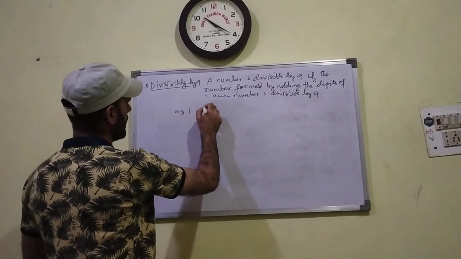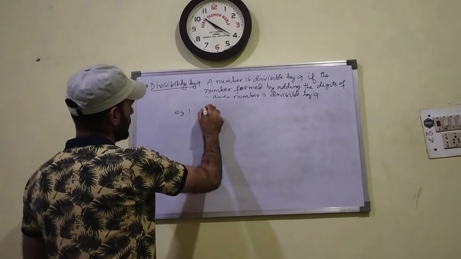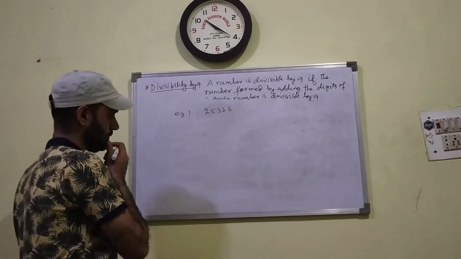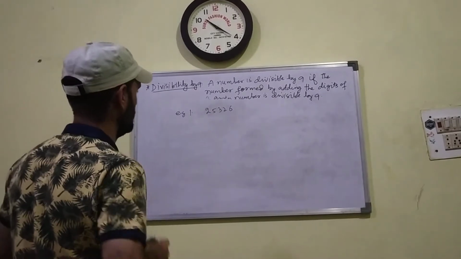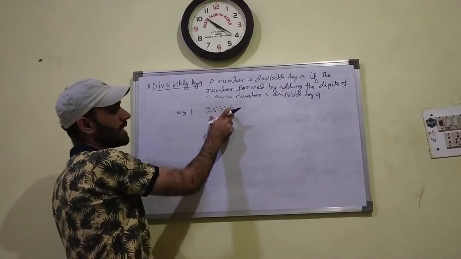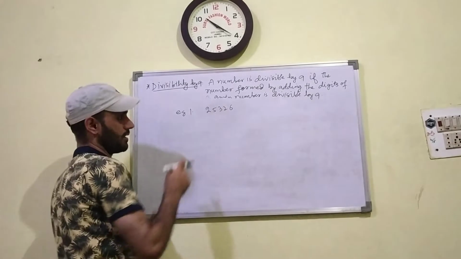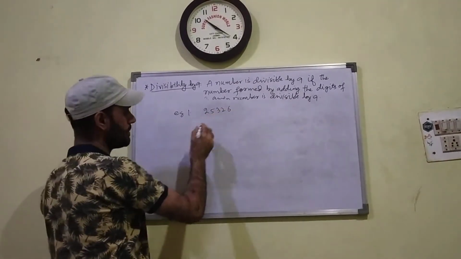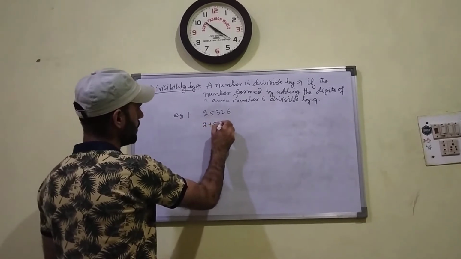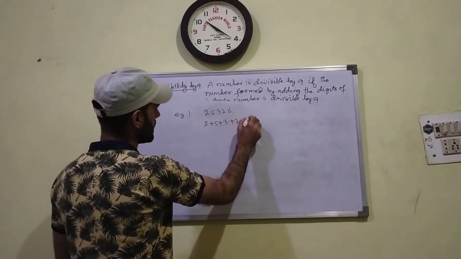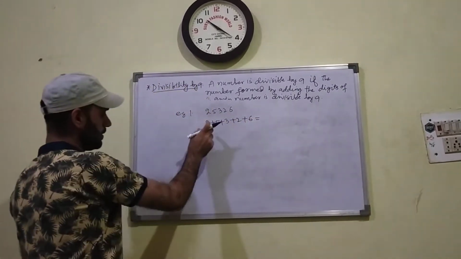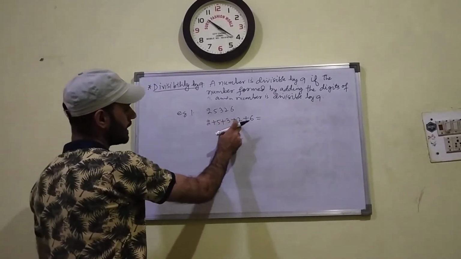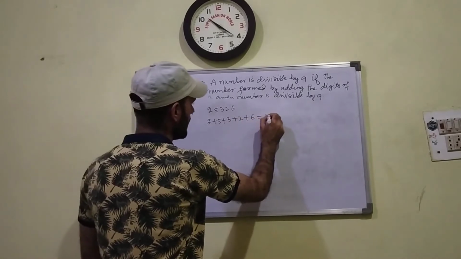Let's take examples. Suppose we have a number 25326. We have to check whether it is divisible by 9 or not. So for this we have to add the digits of this particular number. 2 plus 5 plus 3 plus 2 plus 6 is equal to 5 and 2 is 7, 3 is 10, 10 and 2 is 12, 12 and 6 is 18.